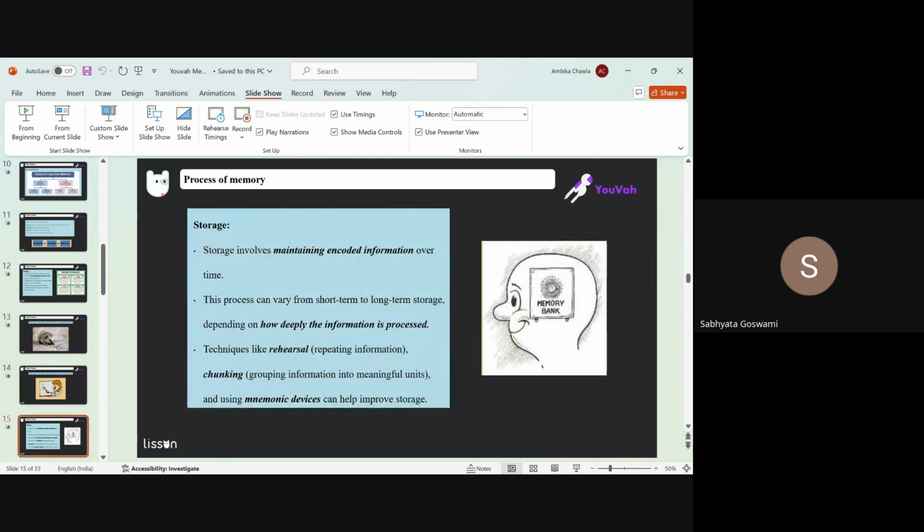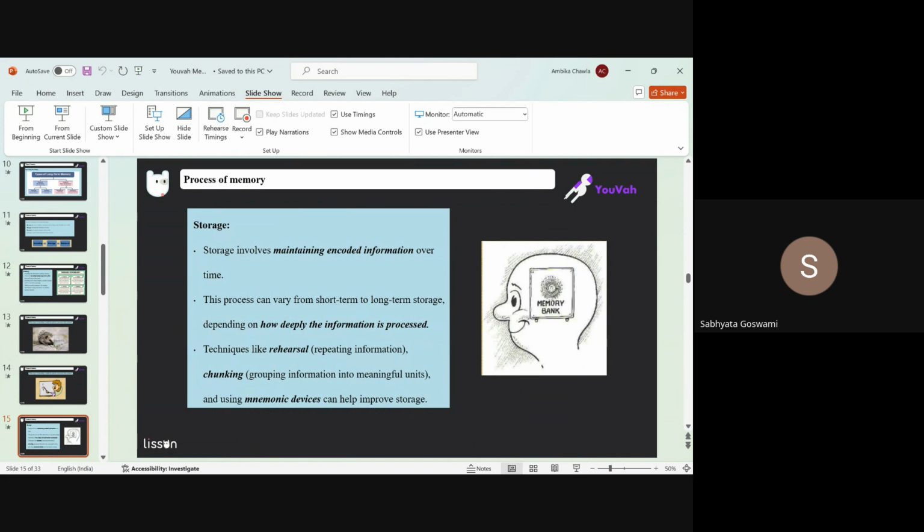Great. Okay. So after we are done with our encoding, we move to the next process of memory, which is storage. Storage involves maintaining encoded information over time. So how we maintain whatever we have encoded so far, that is storage, right?